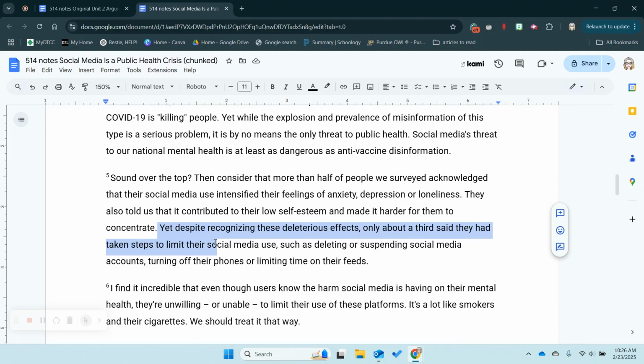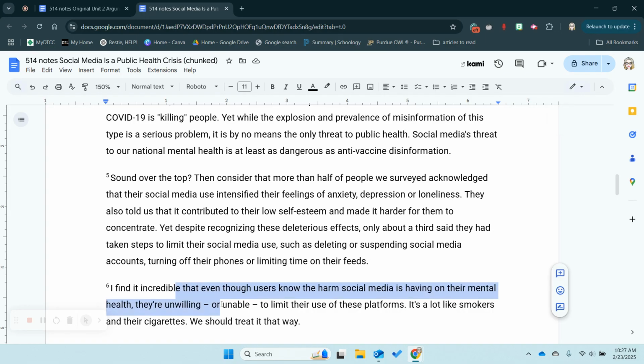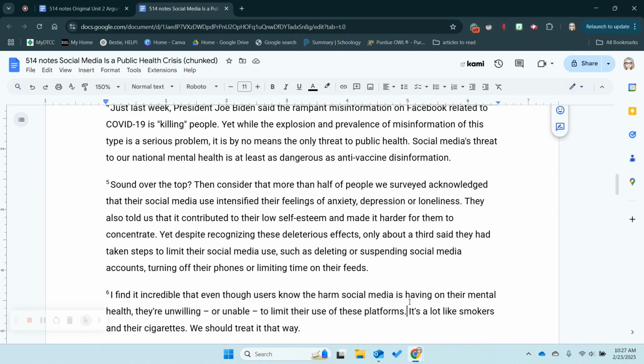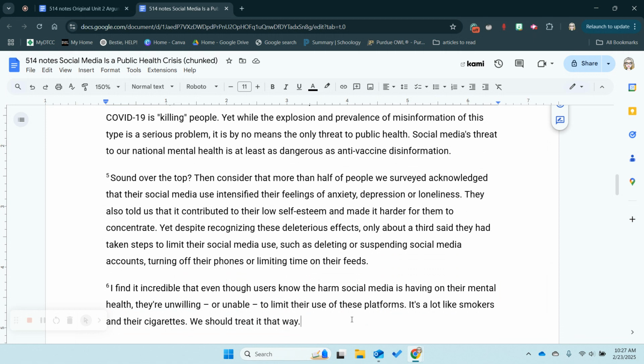Yet, despite recognizing these deleterious effects, only about a third said they had taken steps to limit their social media use. So this is the new idea, right? Even though users know the harm social media is having on their mental health, they're unwilling or unable to limit their use of these platforms. Okay? So that's the new idea in this section.